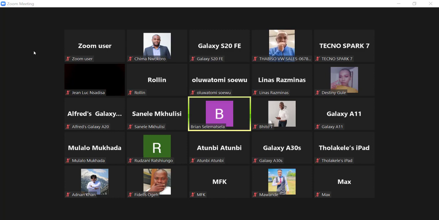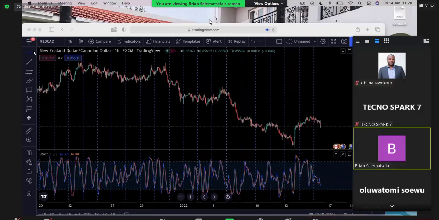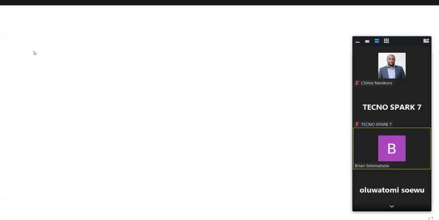All right. If there's no one who has any questions currently, let me go ahead and break down the strategy. Those of you who are new here, we're dealing with the MMC footprint strategy. This strategy is applicable on all the time frames. It doesn't matter which time frame you apply it on.